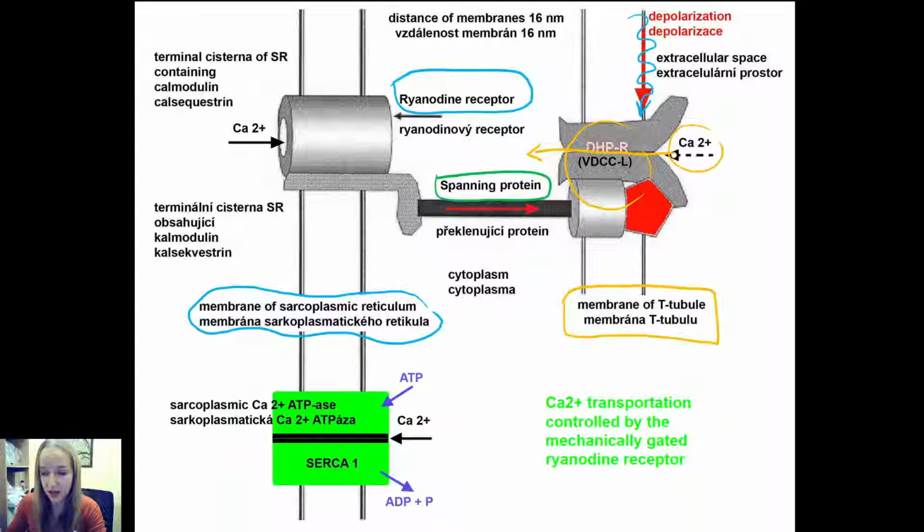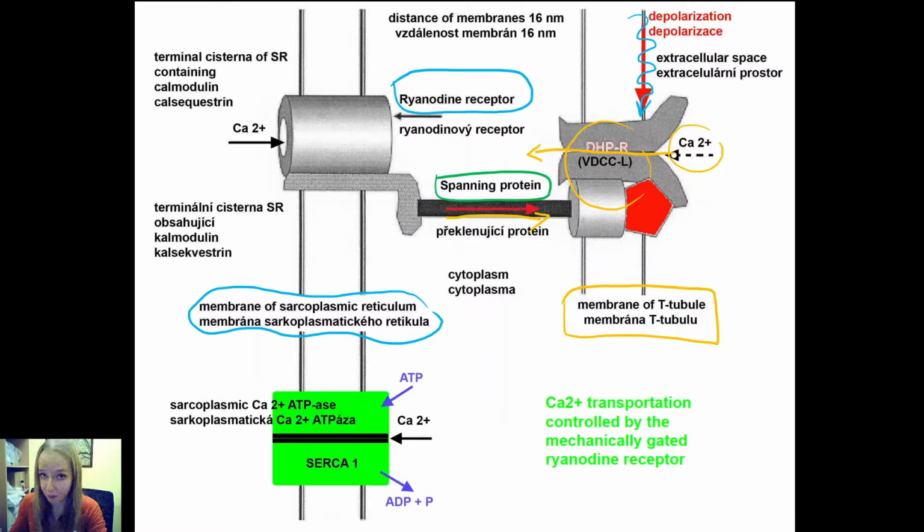So slight influx, and this opening of the VDCCL channel will also open the ryanodine receptor. And why? Because we have the spanning protein which moves in this direction. So when this receptor opens because of the depolarization wave, the ryanodine receptor will also open.